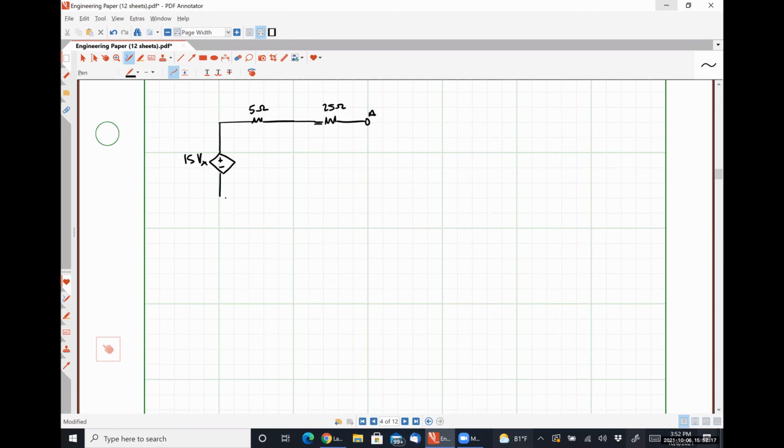Here's terminal A of my network. Here's terminal B of my network. 20, you're right, thank you. Here is Vx, which is exactly equal to the V I'm looking for.